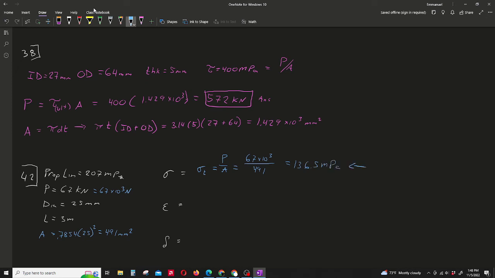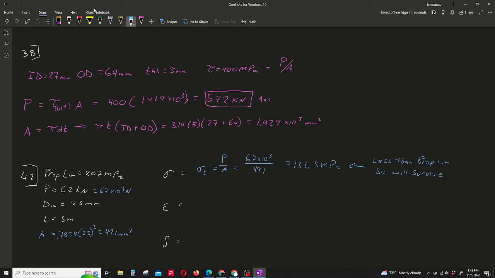This here is less than the proportional limit, so it will survive. It's less than the proportional limit there, so we can continue on further.